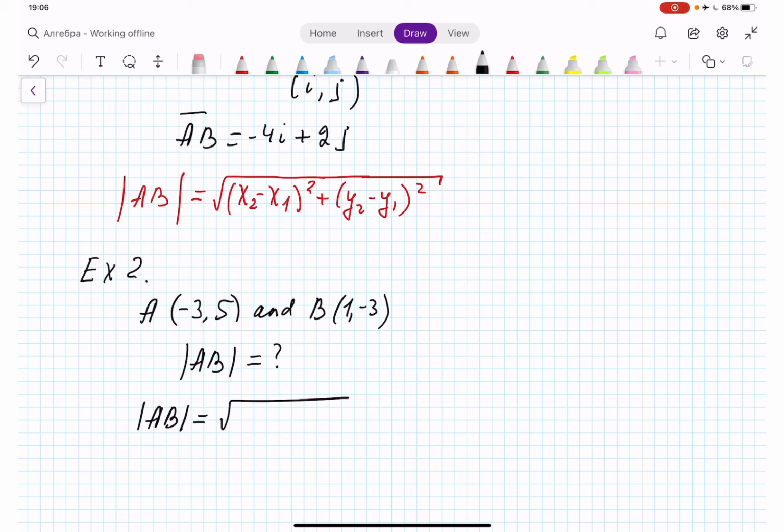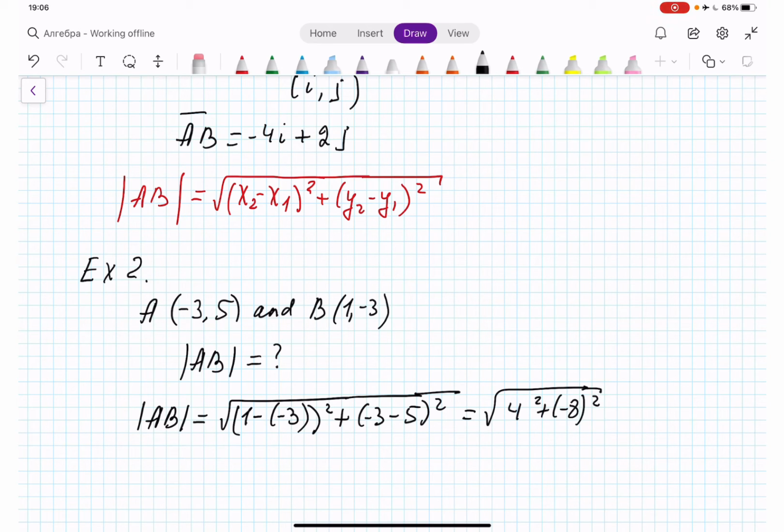So the magnitude of AB is equal to the square root of 1 minus negative 3 squared plus negative 3 minus 5 squared, right? x2 minus x1, y2 minus y1. This is equal to the square root of 4 squared plus negative 8 squared.